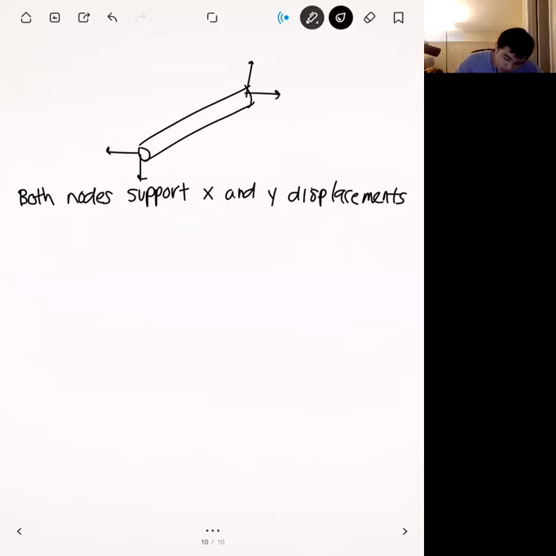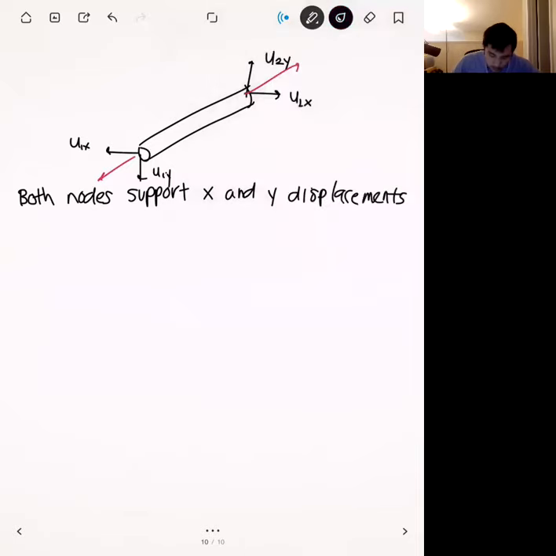So here we have u1x, this is going to be u1y, this is going to be u2x, and u2y, okay? Because in reality, what you have is displacement that goes down the length of the rod, just like we have in 1D. But since we like to work in traditional Cartesian coordinates, we break that slanted displacement up into its components, and so we have the x component and the y component.